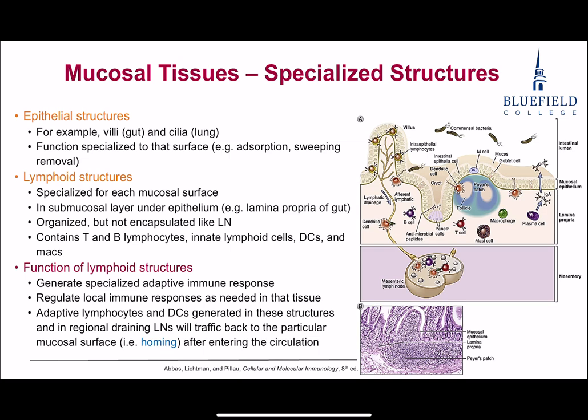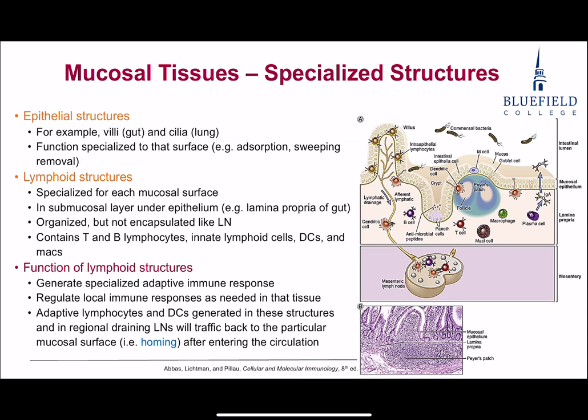All of these epithelial barriers do have some specialized lymphoid structures, different to some extent at each mucosal surface, and they're located just under that epithelial barrier, but very tightly geographically associated, not chemically, physically associated. They're very organized structures, but they're not technically a lymph node. They're not encapsulated like lymph nodes and the spleen are.